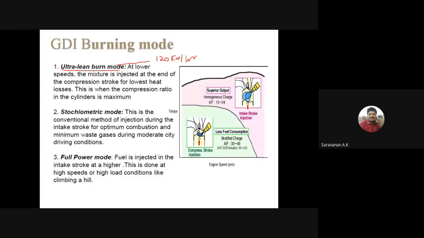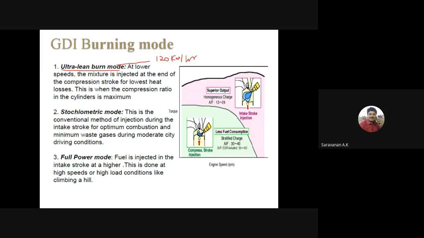In the car itself, you can see the intercooler and turbocharger notations, on the backside or front side. Have you seen them? Yes, sir.